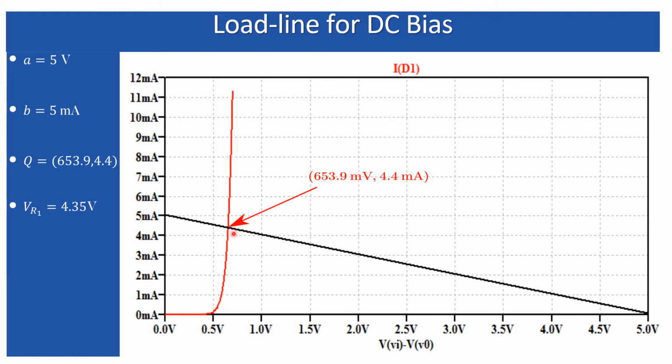So when you are applying the input voltage of 5 volt, the circuit will draw a current of 4.4 milliampere, while the diode is consuming only 0.654 volt across it, and the rest of the voltage is appearing across the load, which is 4.35 over here.